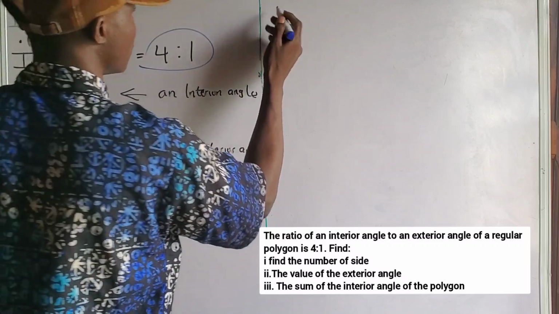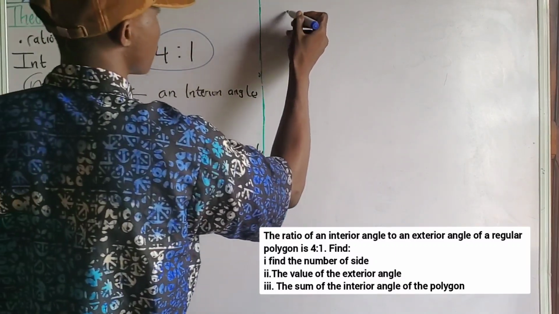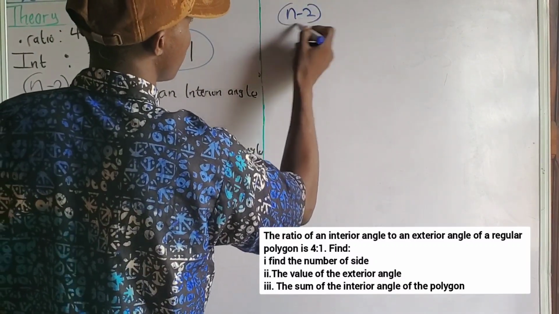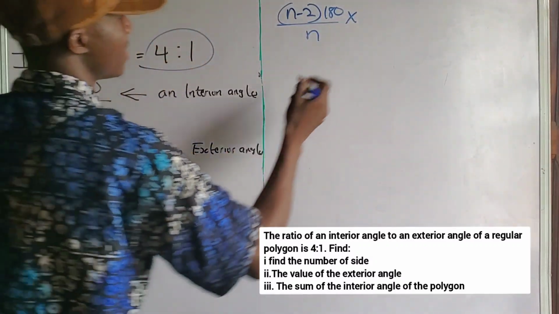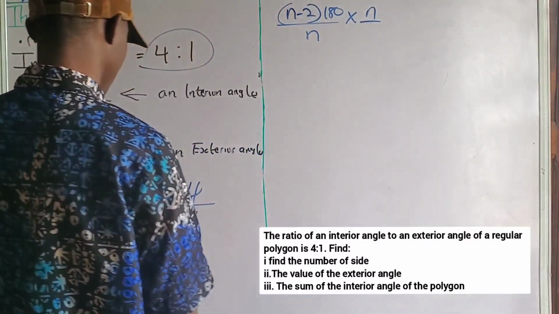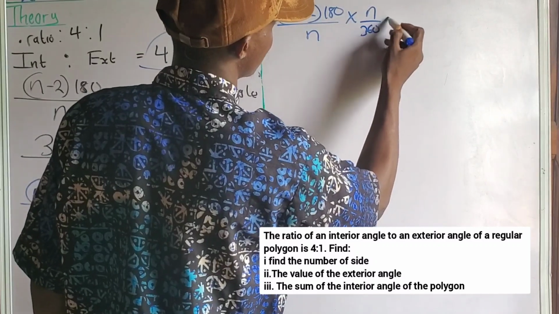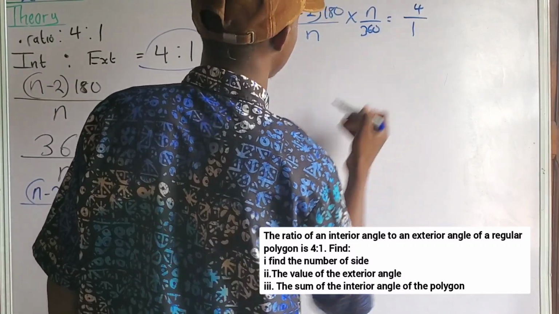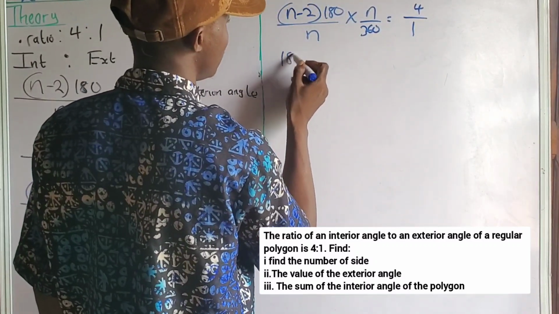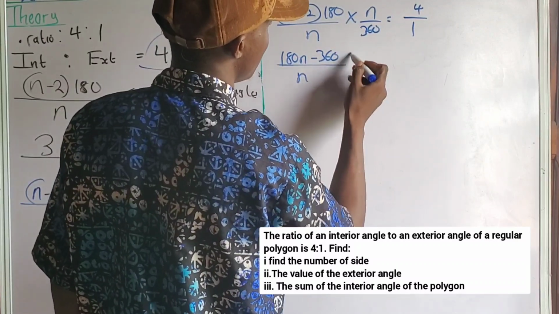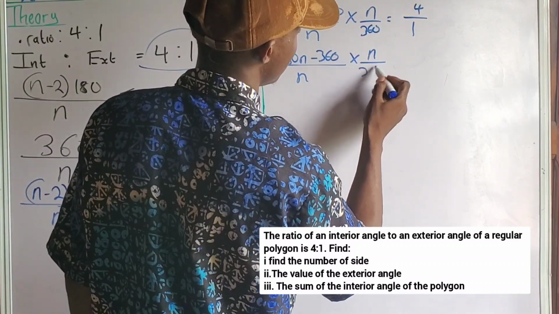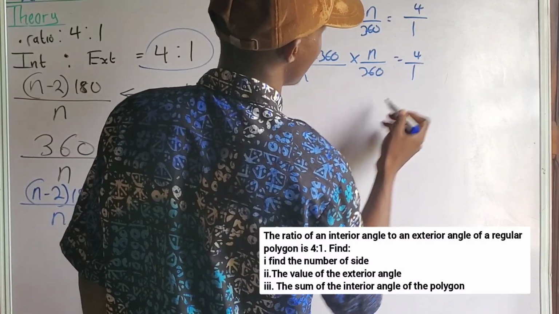Now let's proceed. For this, I'm going to have (n minus 2) multiplied by 180 all over n, multiplied by n all over 360, equals 4/1. So I'm going to have (180n minus 360) all over n, multiplied by n all over 360, equals 4/1, right?